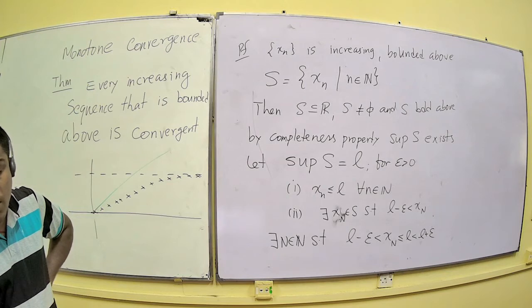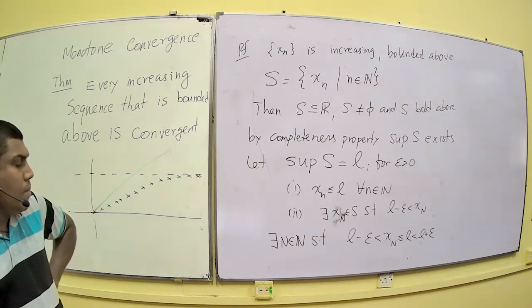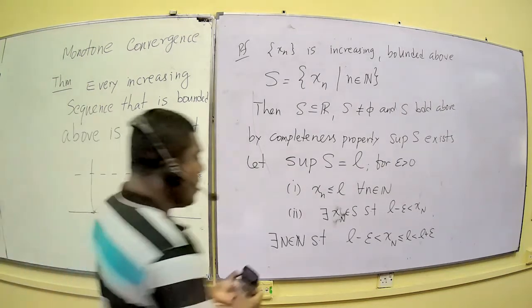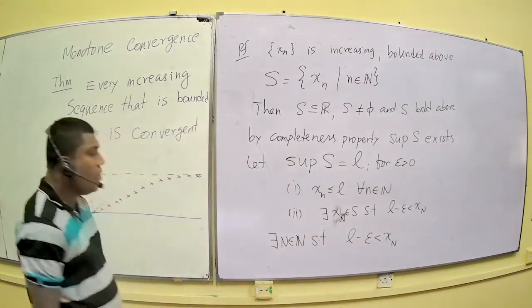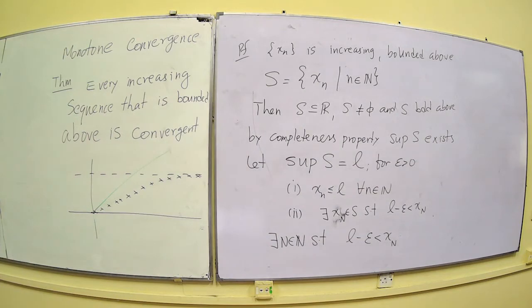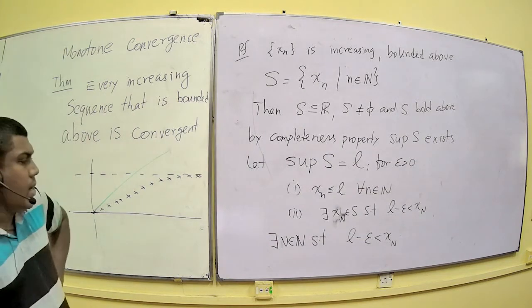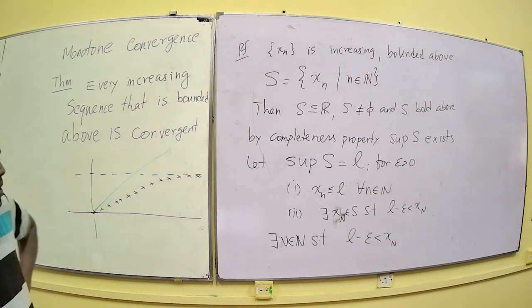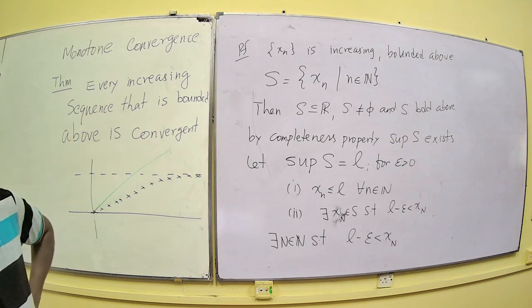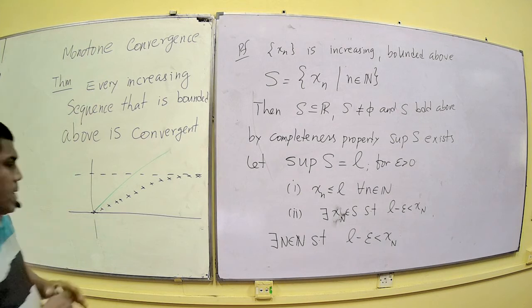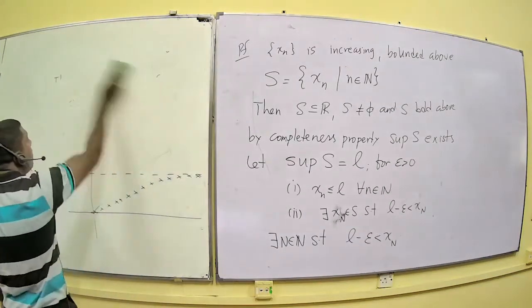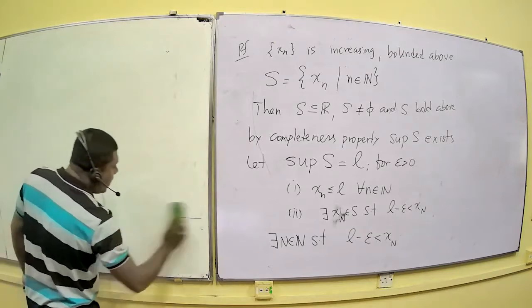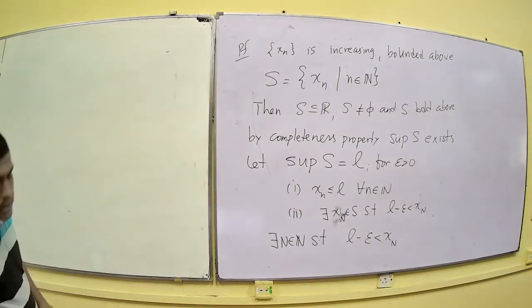So what you have is, there exists n belongs to natural number. So let's say this first. For some epsilon positive, there exists a natural number N such that L minus epsilon is less than xN, right? But it was given that xn is an increasing sequence.